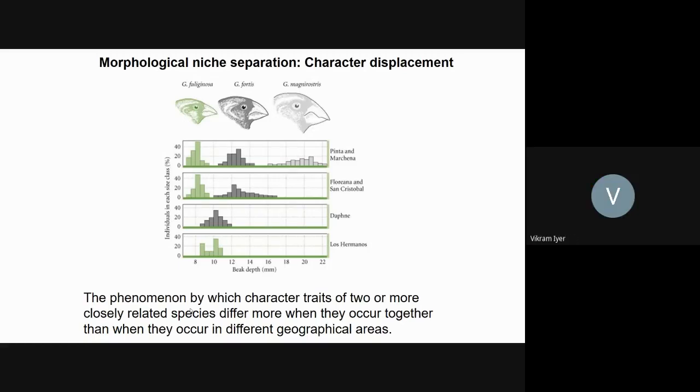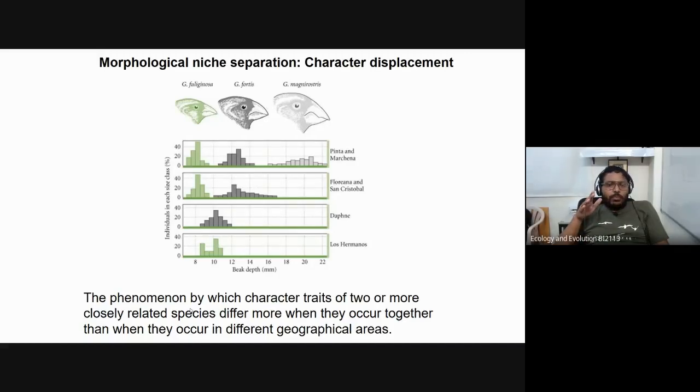Sir, is there any reason why there is no overlap between the ranges of each species? I mean, why are all the graphs, all the Gaussians so separated? Is there any reason for that? So that's what character displacement is all about, right?